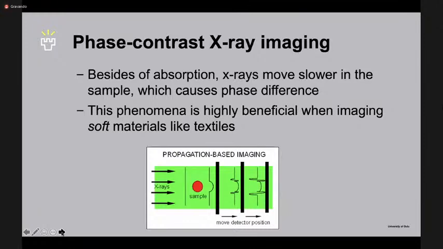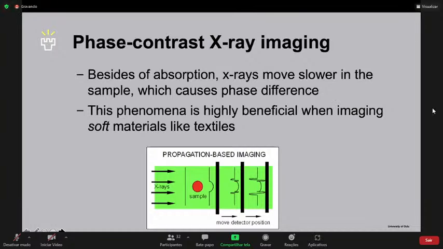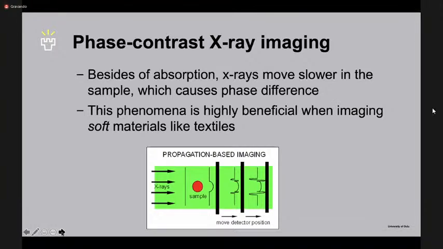Because textiles are typically so-called soft materials and they don't significantly absorb, I think it's good to mention that there are more and more of these new imaging modalities coming, like phase contrast imaging. This is a specific mode called propagation-based phase contrast imaging. If you look at the bottom, you can see that red sample. On the detector, it causes absorption that you can measure.